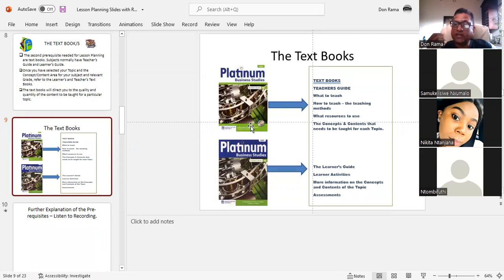Now, there are many things that I can teach under volcanoes. But in a lesson, I'm just going to select two things. I'm going to talk about the causes of volcanoes and the consequences of volcanic eruptions, right?